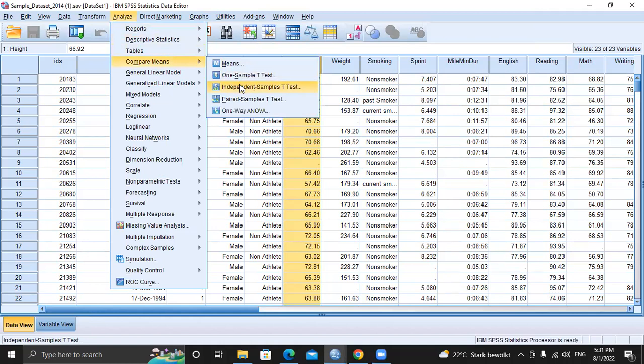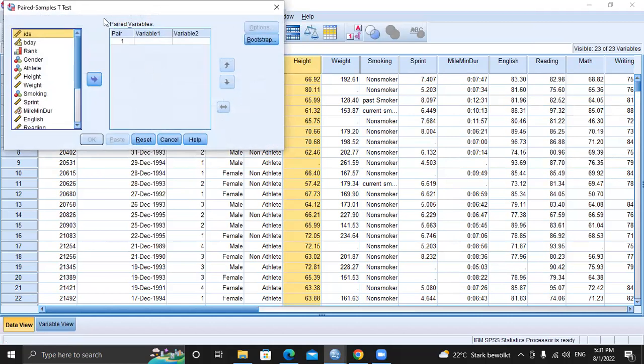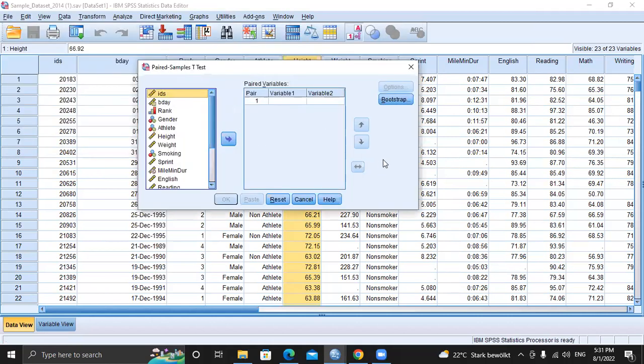Yes. Go to paired samples. So let's assume that we do a simple comparative sample. We're using two subjects, English and writing? Let's take English and writing, or reading and mathematics.